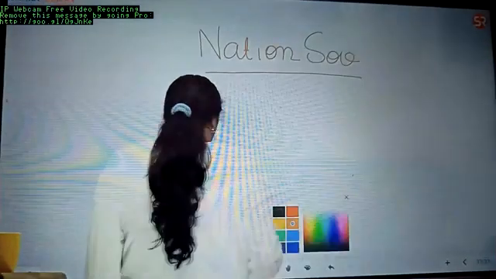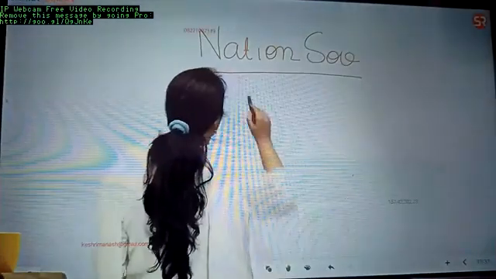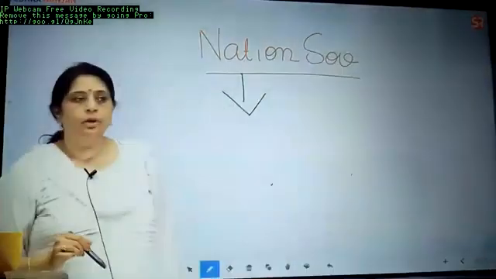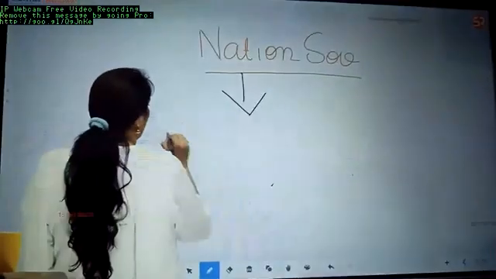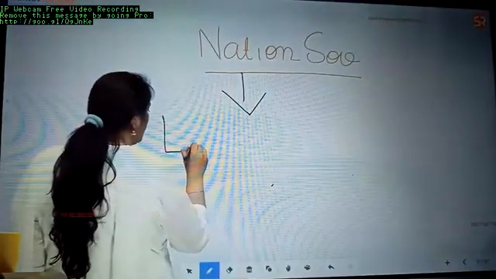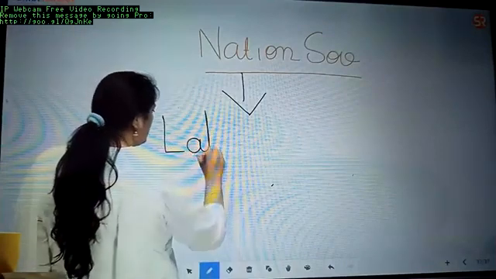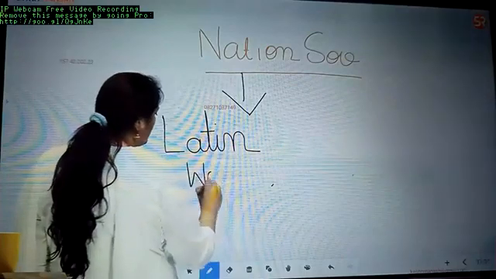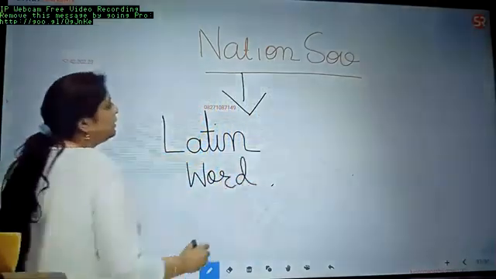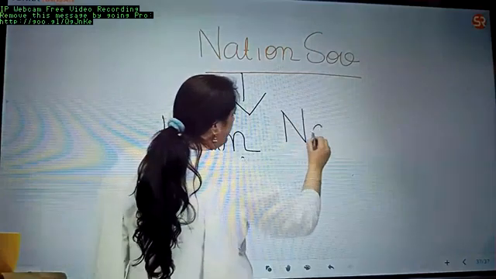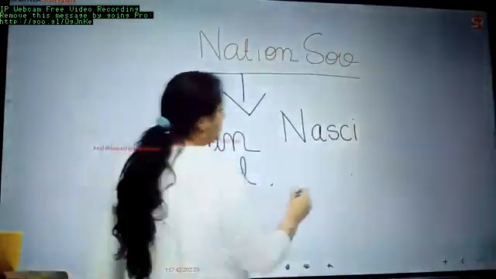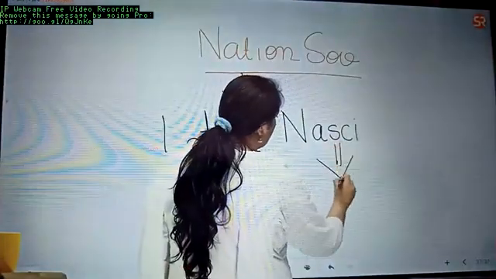Okay. Now, let us open up the term nation. The term nation, you can write side by side. I am discussing it slowly. The term nation comes from the Latin word natio. Natio means race.